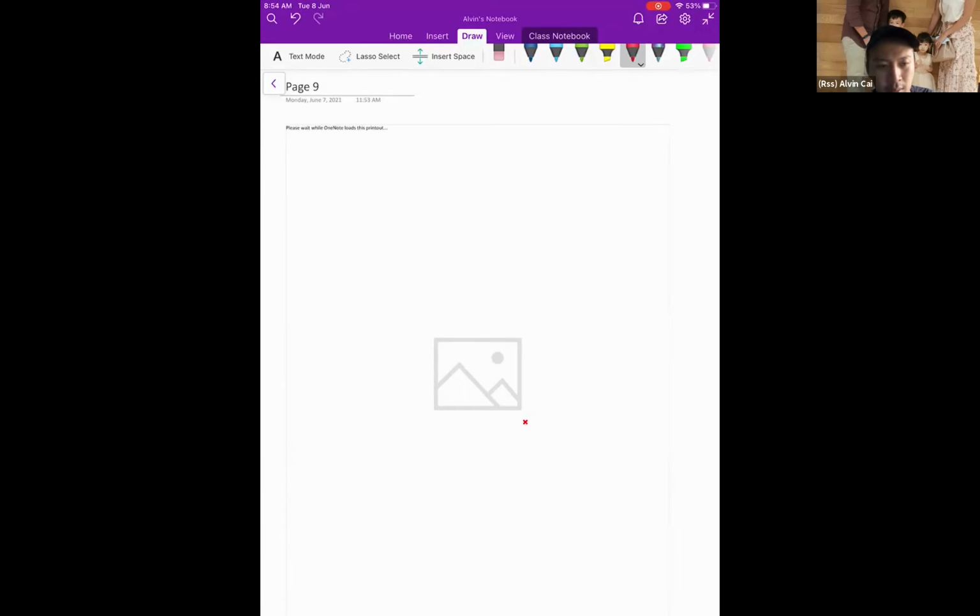This is question number 11. Okay, so it's the graph question. So I'm going to just write it down here, even though you cannot see it. Let me just put this out first.